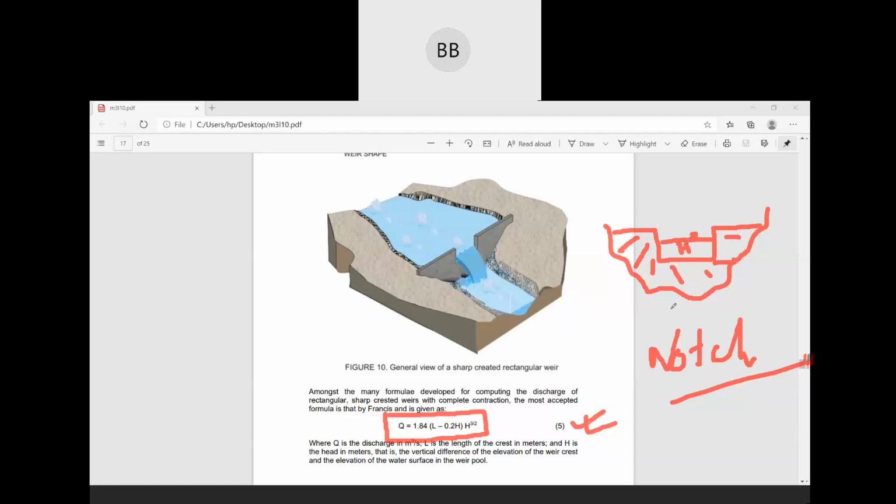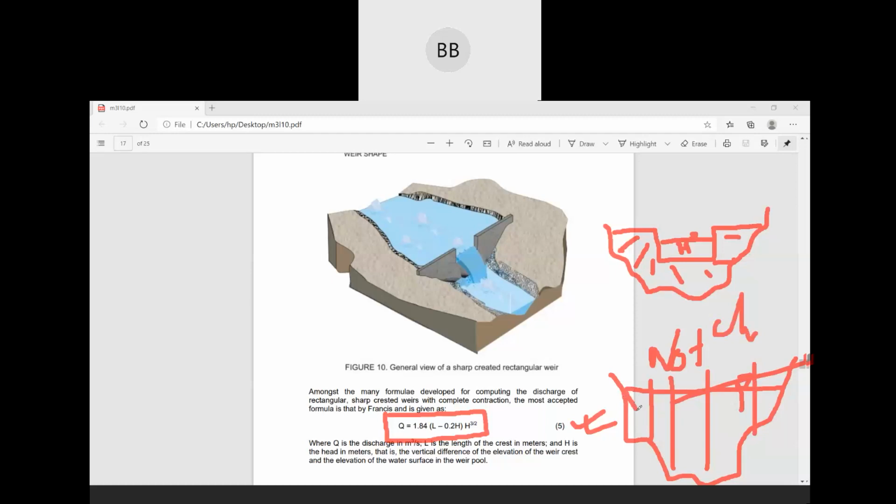Before constructing a weir it is very difficult to find the discharge. If this is the level of water, you have to measure the depth of flow for each section. Then you have to find the area by considering this a straight line, so you are not getting the appropriate value.